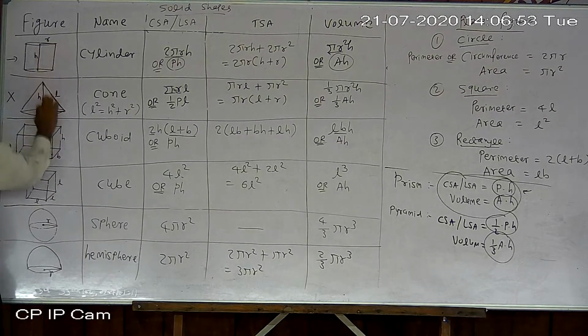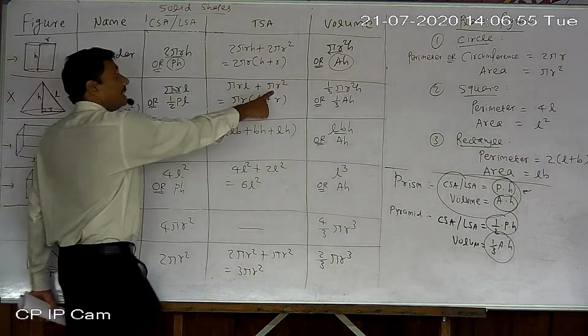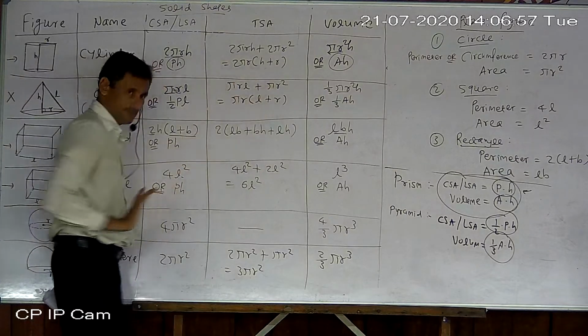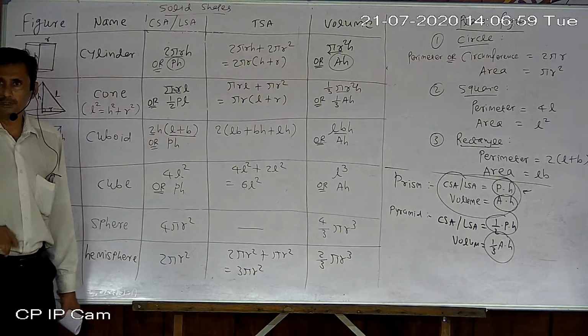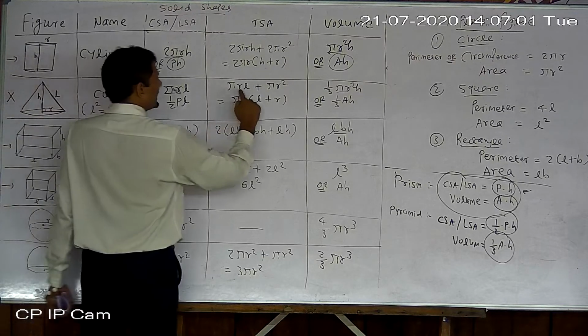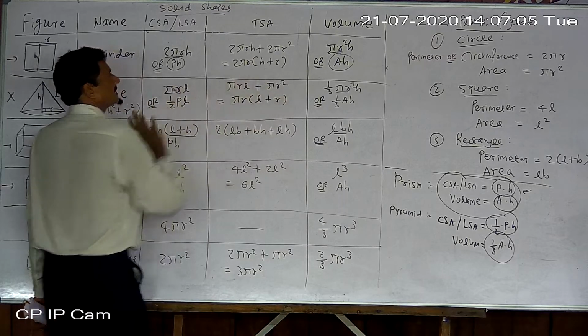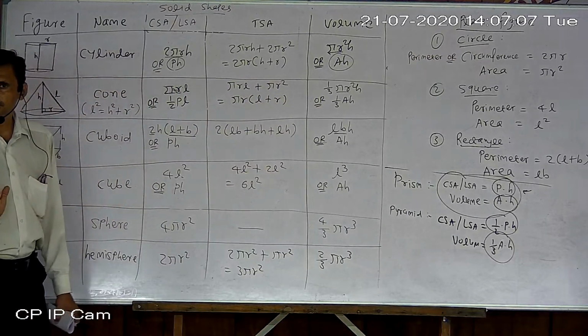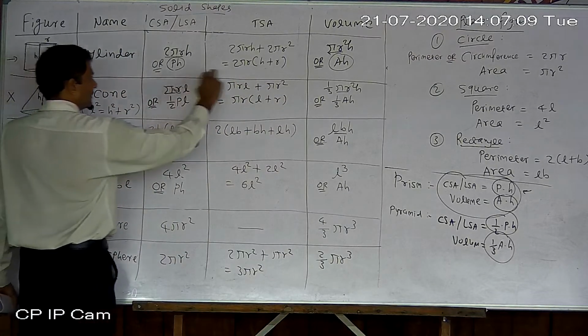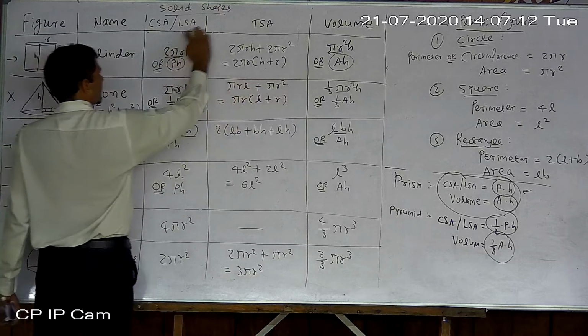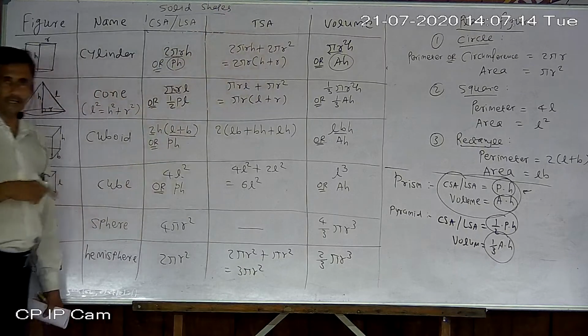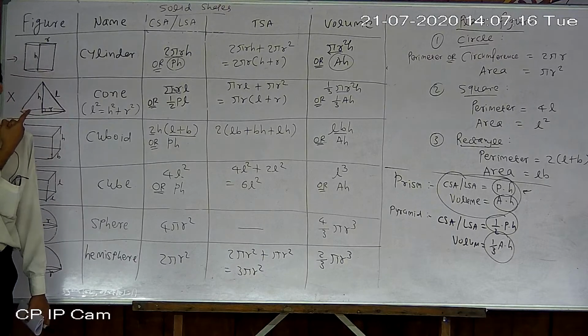Here 2 circles are there, and here only one circle. So add pi r square only, not 2 pi r square. So pi r l plus pi r square. Pi r taken common, so l plus r left. So from here to here pi r square added, and from here to here 2 pi r square added. Why? You just look at the shape.